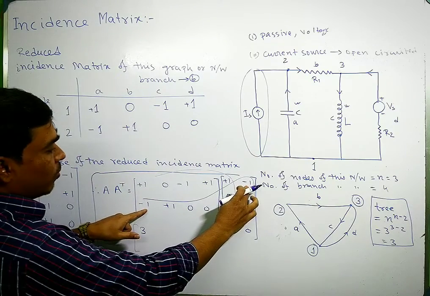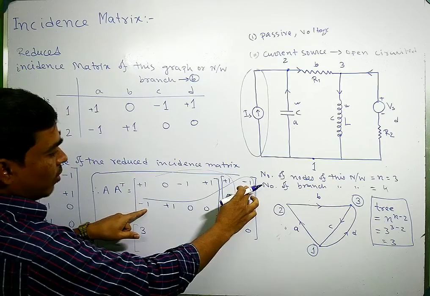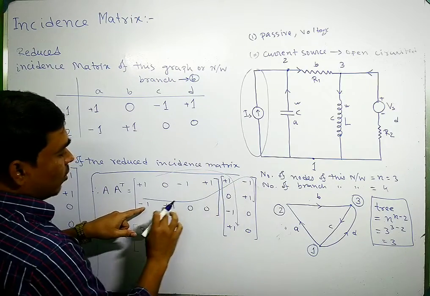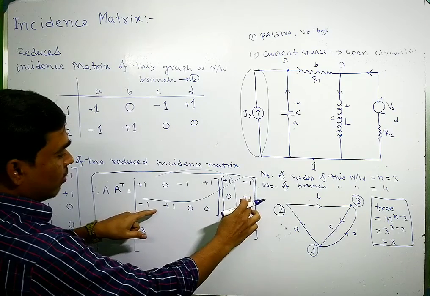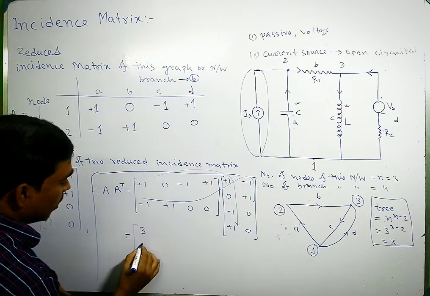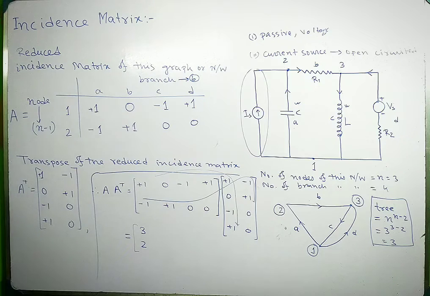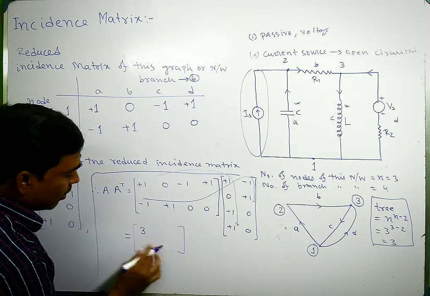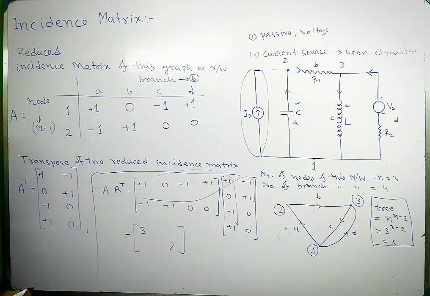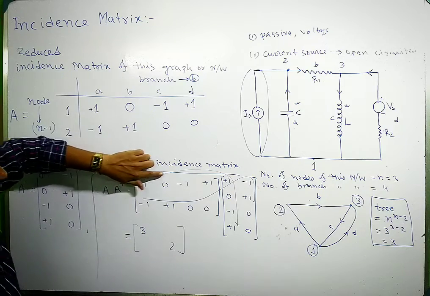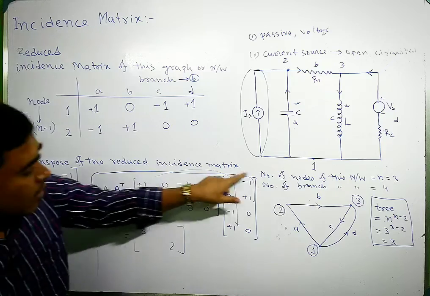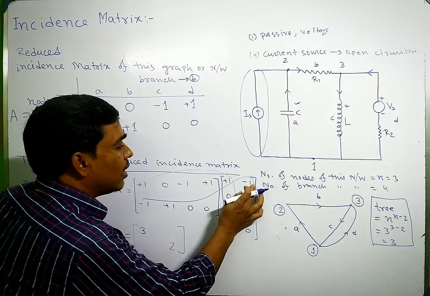So this will be 1, this is 1, this is 2, so there will be 2.